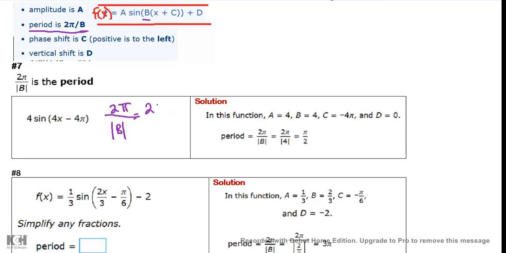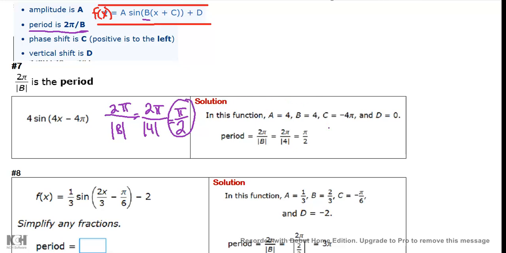So it's going to be 2 pi. Then we just have to figure out what is B. Well, it's the one that hangs out with the x value. So that is the absolute value of 4. And then just reduce it. So this reduces to 1/2, or just simply pi over 2. So this is going to be your period.